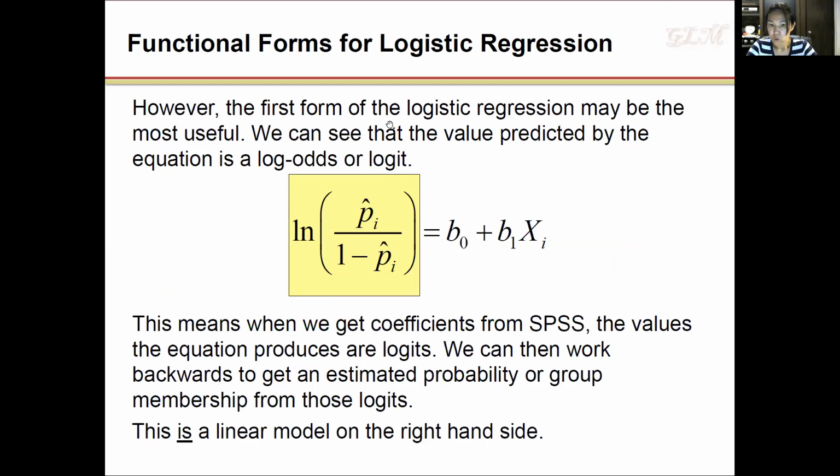Now, this is the logit function, okay? And this is the estimated regression. So instead of the population equation, you use the alphabetical letters b0 plus b1x. This is the estimated regression equation based on sample data, okay?